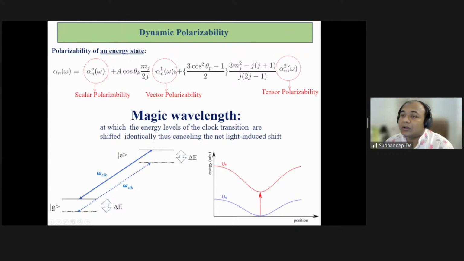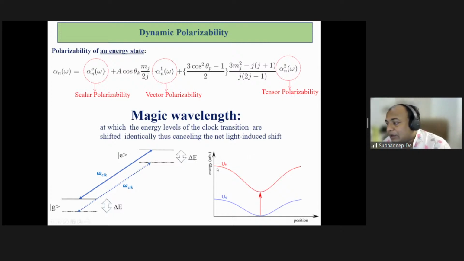And that depends on the wave functions of these states. So for different atoms, for different energy states, the polarizability components are different. It also depends on quantum numbers like M, J, F, and how the electrons are coupled with the nuclear spins and so on.